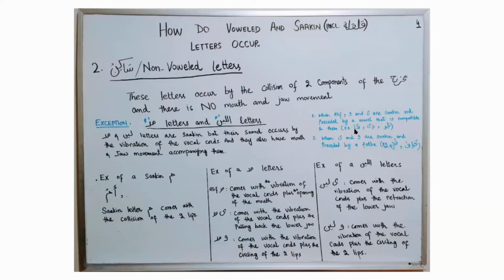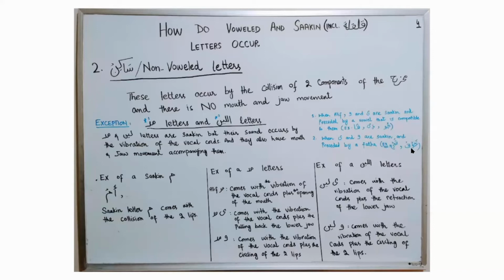So although letter alif, letter ya, and letter waw, all three are sakin, these sakin letters do not come with the collision of two components. Rather, they come with the vibration of the vocal cords. The same way, there are two leen letters, which are letter ya and letter waw, and they become a leen letter when they are sakin and preceded by a fatha.